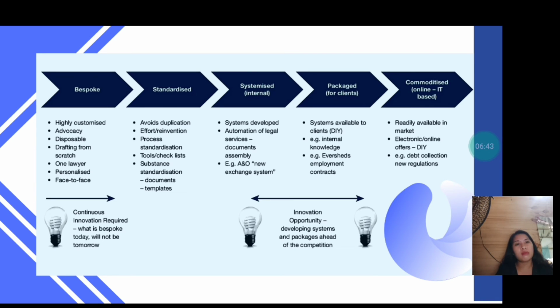So systems development, automation of legal services, documents, assembly. And next is package for clients, so systems available to clients, internal knowledge, overheads, employment contracts. And next is commodities, so commoditize, online or IT based, readily available in market, electronic or online offers, debt collection, new regulations.